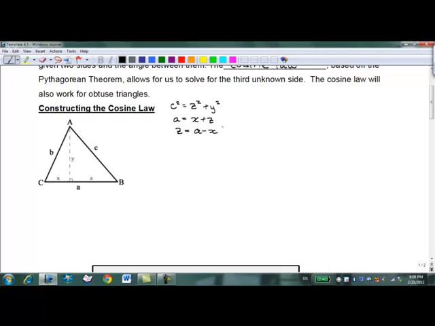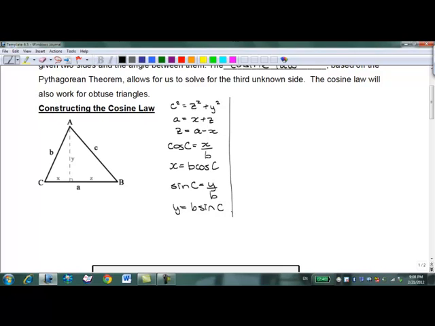I need that the cosine of capital C, cosine being adjacent over hypotenuse, is x over b, which tells me that x is b cos C. And I need the sine of capital C, which is y over b, which tells me that y is b sine capital C. So that's kind of the start information. Those are all the things I need to define.